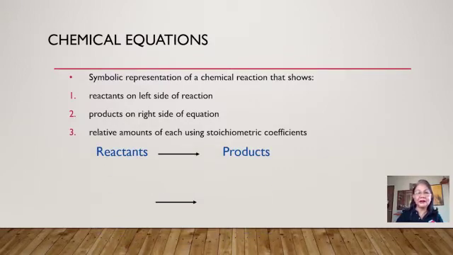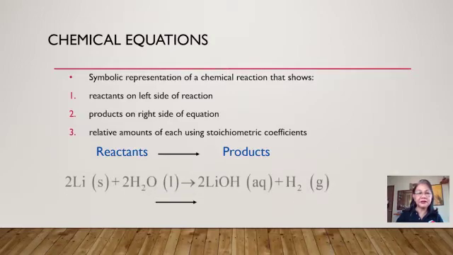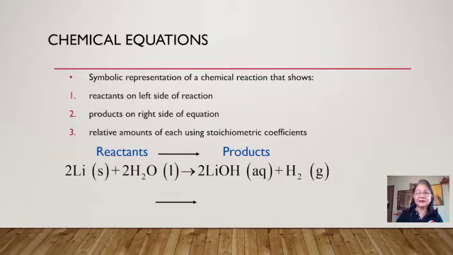Reactants forming products, there is an arrow at the center, meaning the reactants yield products. For example, this equation represents the reaction between lithium and water forming lithium hydroxide and hydrogen.